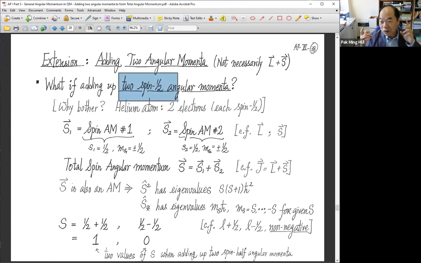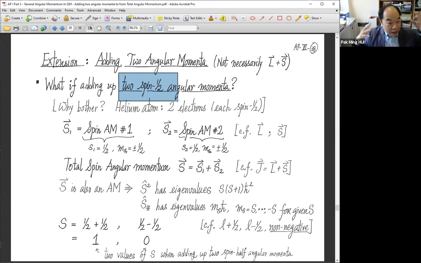You may think of the two spin-half electrons living in the helium atom. So we need to find a way to find the total spin angular momentum of the helium atom. That is the first context.